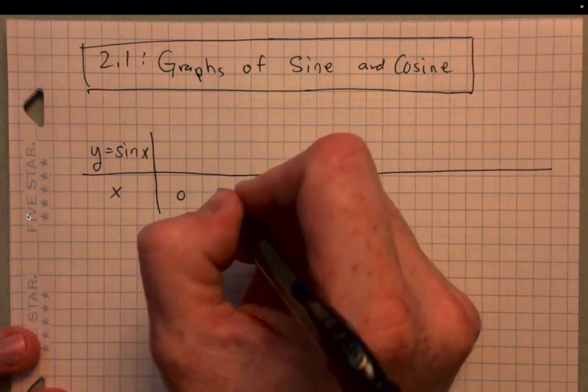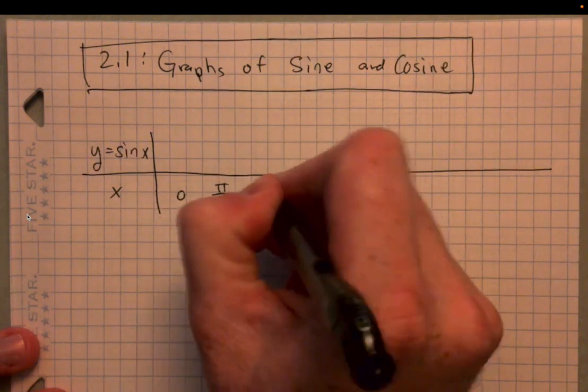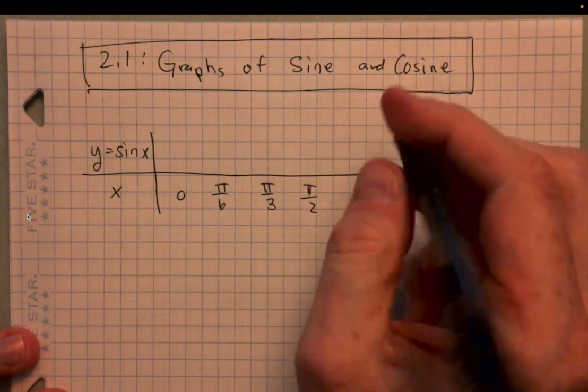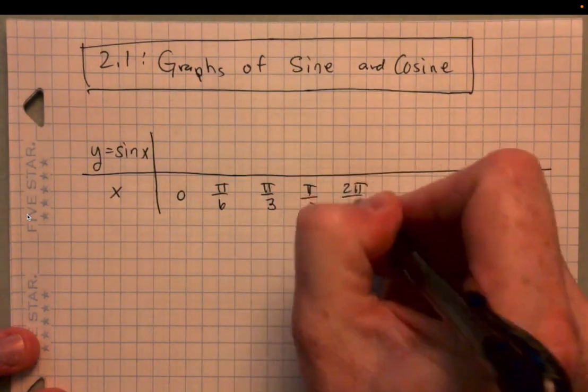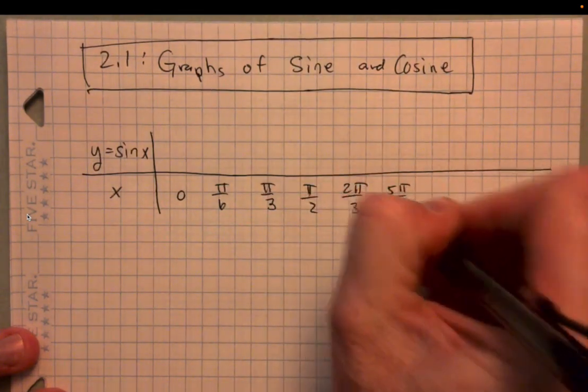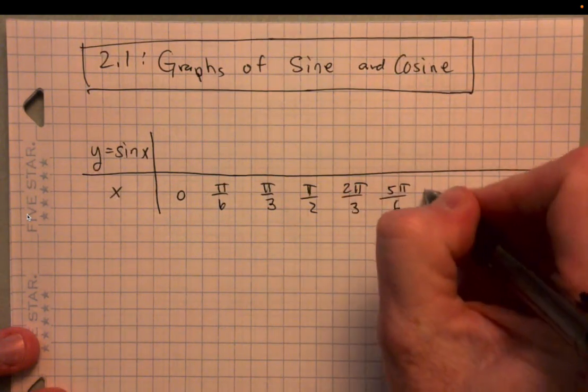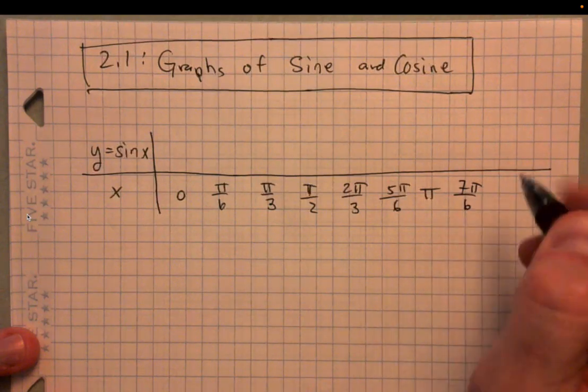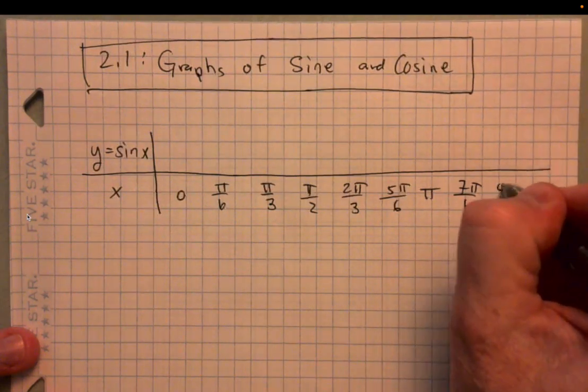So 0, pi over 6, pi over 3, pi over 2, 2 pi over 3, 5 pi over 6, pi, 7 pi over 6, and 4 pi over 3.